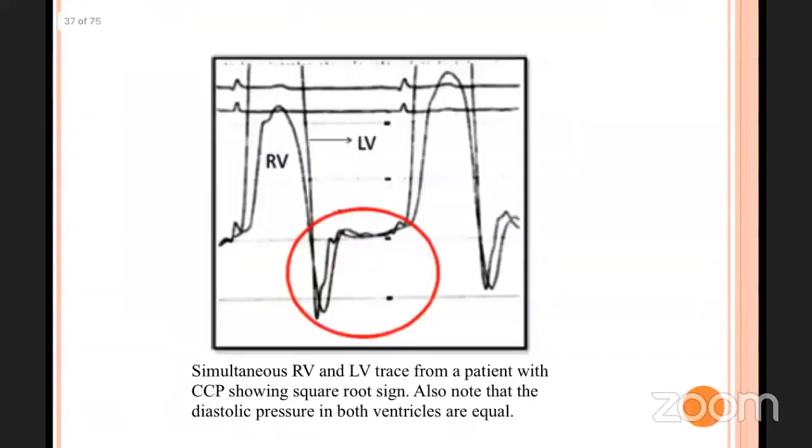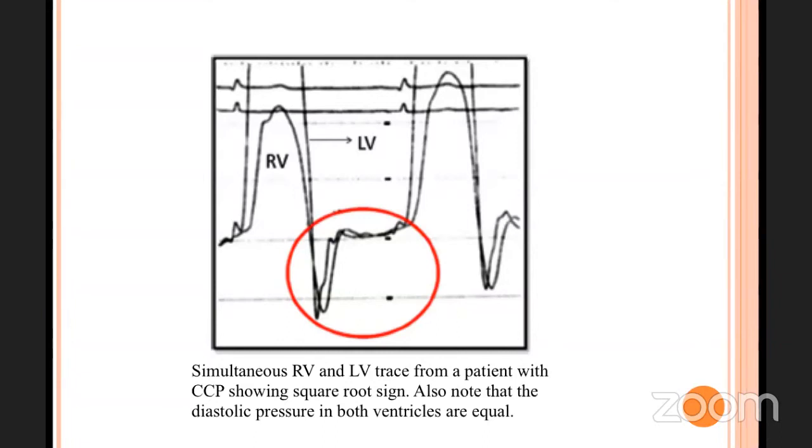Now, the second important thing in case of invasive investigation is the method of filling of the ventricle in early diastole. In case of constrictive pericarditis, there is abrupt relaxation. Most of the filling occurs within the first one third of diastole, and subsequently there is no filling at all because there is rapid rise in the end diastolic pressure.